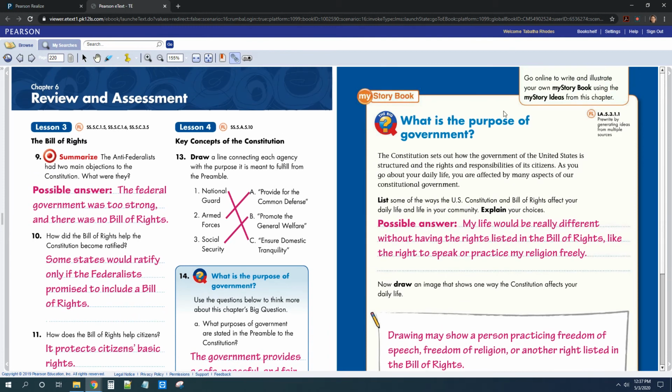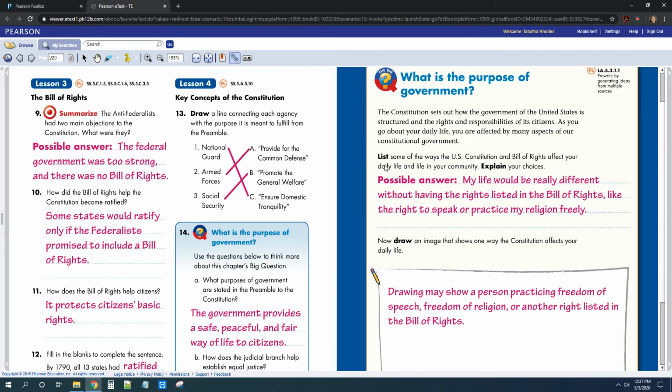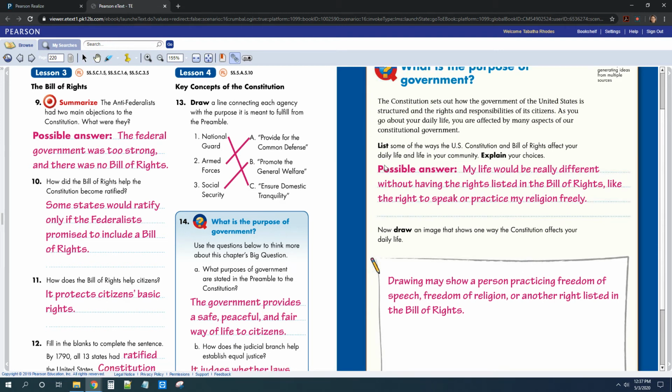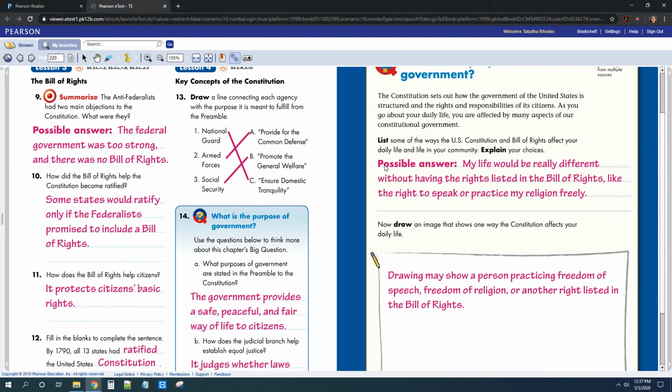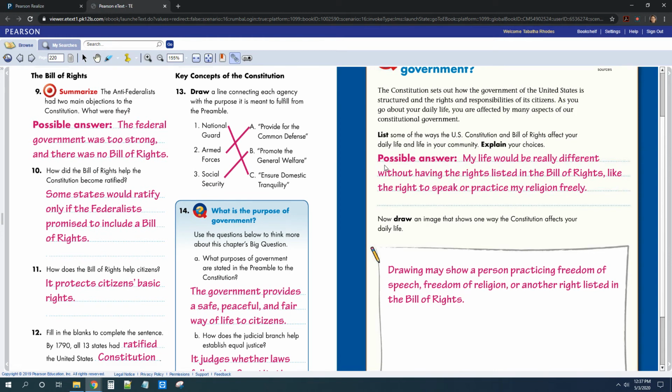All right, so for our last page, you had to list some of the ways the U.S. Constitution and the Bill of Rights affect your daily life and explain your choices. So a lot of you talked about freedom of religion and how it helps you to practice your faith. And some of you drew pictures of you going to church. Some of you talked about how it allows you to speak up and you have freedom of speech, so you drew people speaking.